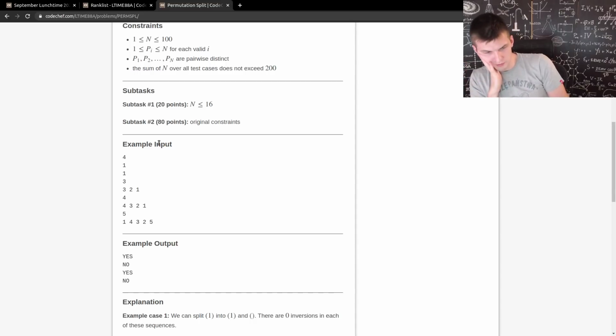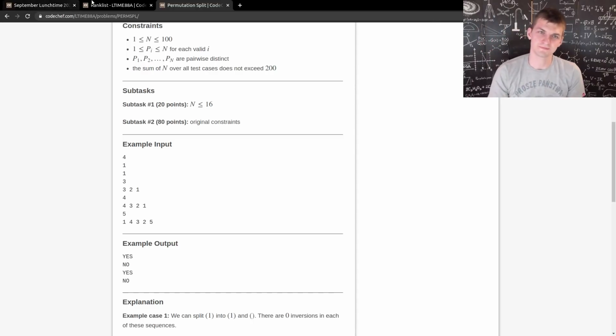I can go from left to right, or I can go through sorted values.